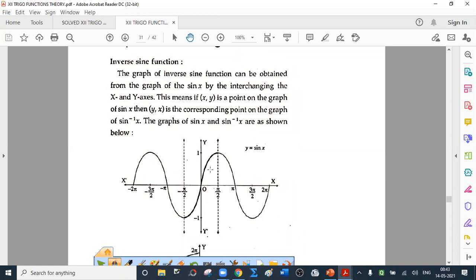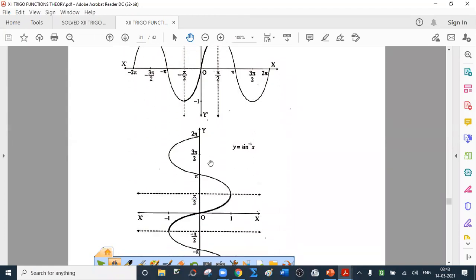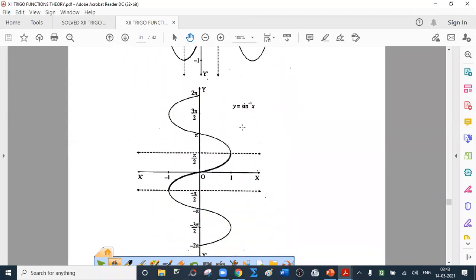It is already onto, so it possesses inverse, right? Now this is the graph of y equal to sine inverse x. So in this case, along x-axis, you have to consider sine ratios. Minimum -1. I know a ratio is not negative, but a minus sign can be attached to it. And maximum value of x in sine inverse x can be 1.